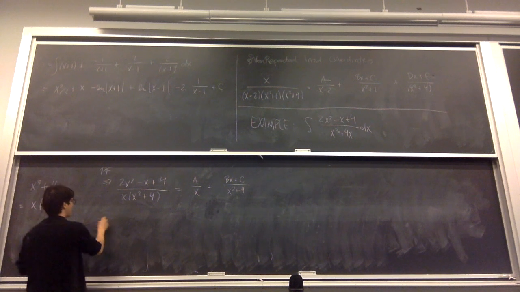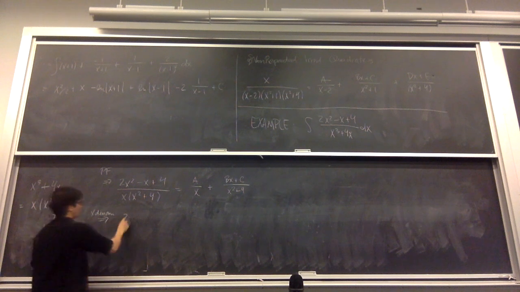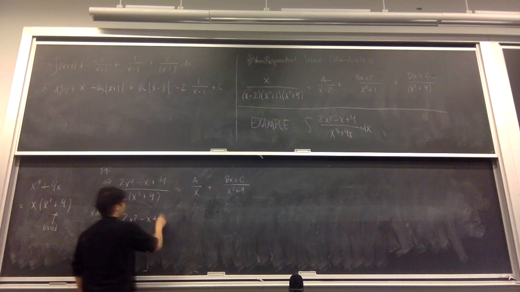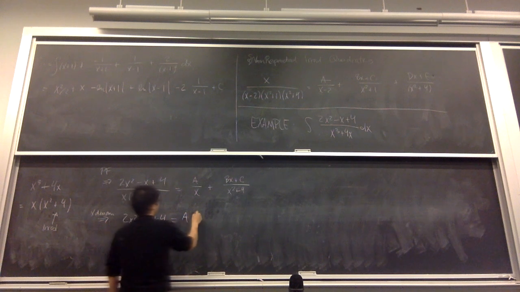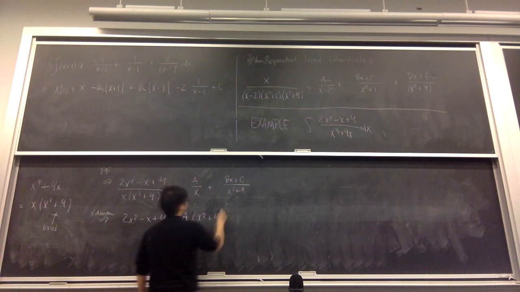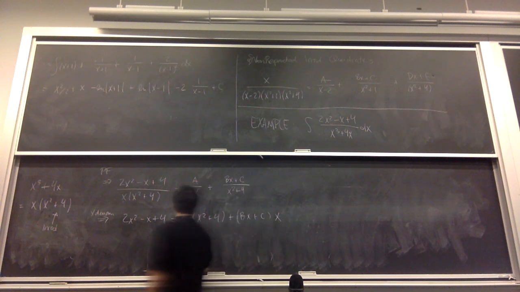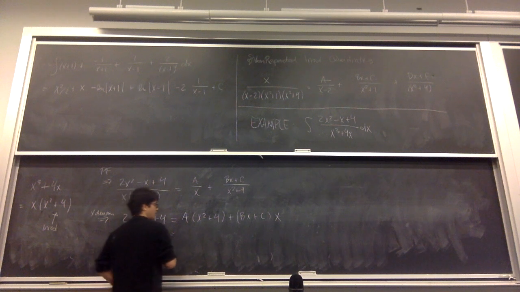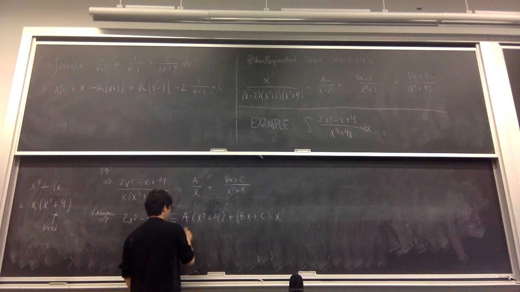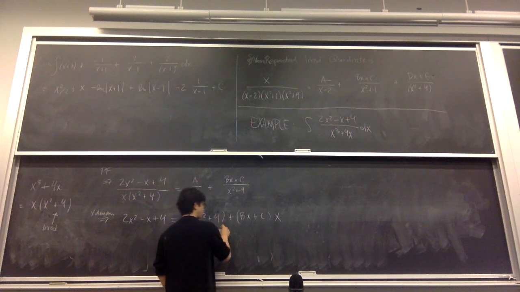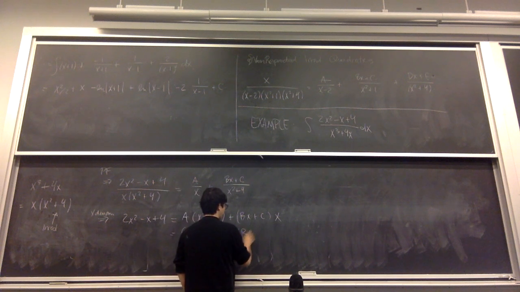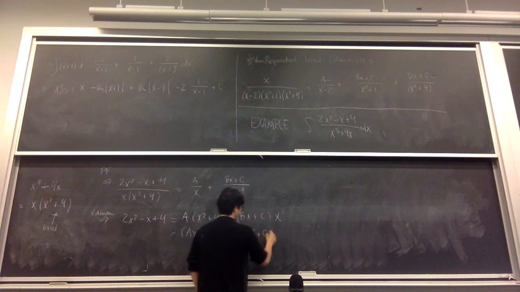Okay, so now I just play this game where I multiply by the denominator. And what am I left with? 2x squared minus x plus 4 is equal to a times x squared plus 4 plus bx plus c times x. I can do some sort of rearranging here. I'll do it differently this time. We got ax squared plus 4a plus bx squared plus cx.